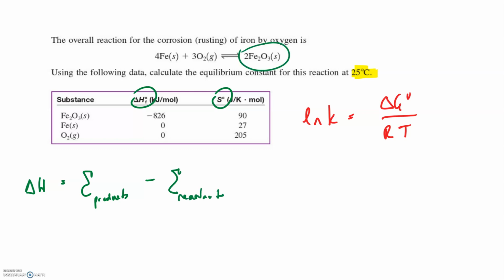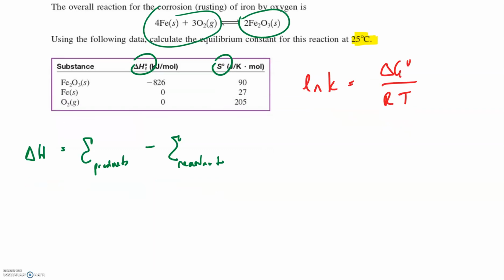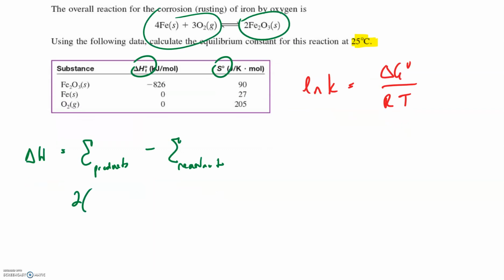That's pretty straightforward. Here's our products, here's our reactants, and so we're going to have 2 times negative 826. And what's nice is that the reactants are all 0. I don't have a brain today, so I'm just going to multiply this. It's negative 1652. There's our delta H.